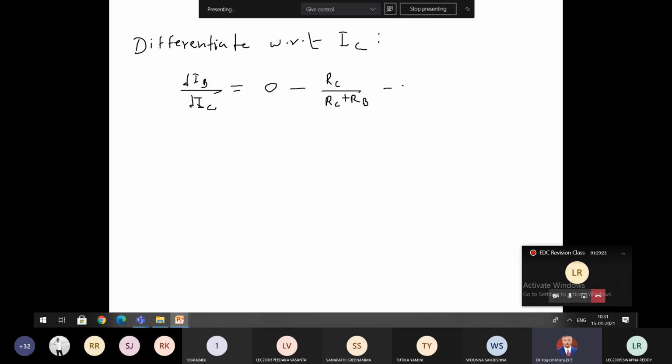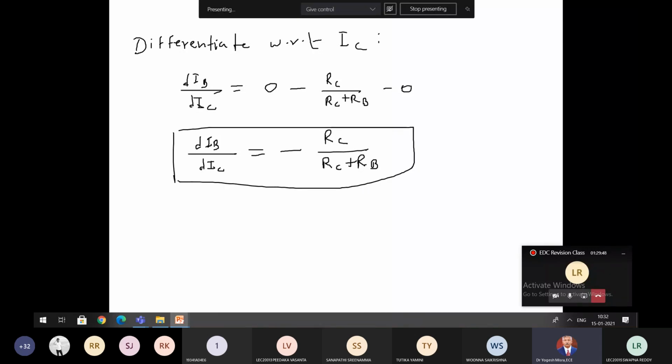So we get dIB by dIC is equal to minus RC by RC plus RB. This is the value of dIB by dIC.